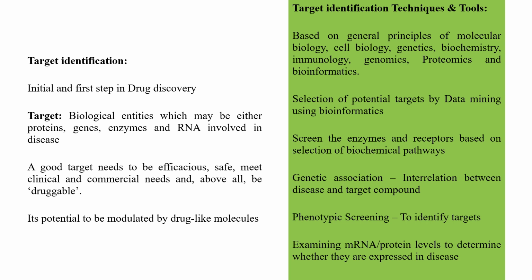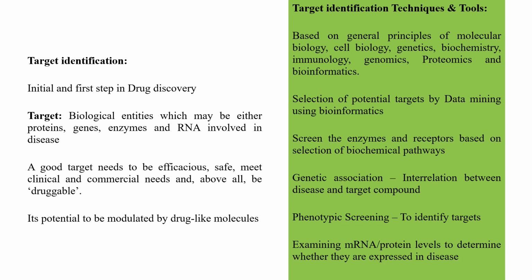Various methods used to identify the target include data mining, and with the help of biochemical pathways we can screen particular enzymes and receptors and genetic association. Through that we can make an interrelation between the disease and the drug target compound.